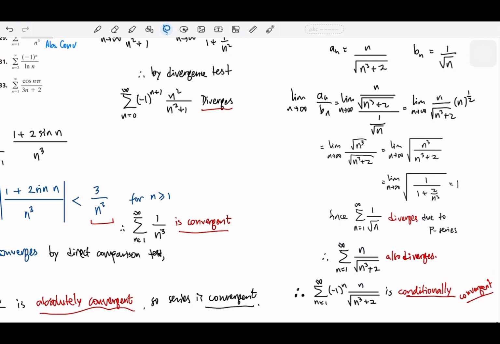It can be using the divergence test, the comparison test, or maybe the integral test, any test that we have done before. If it is diverged, it will be conditional. If it is converged, it's absolutely convergent.